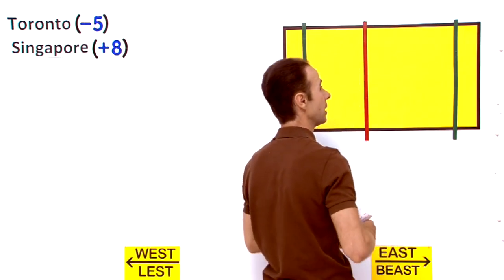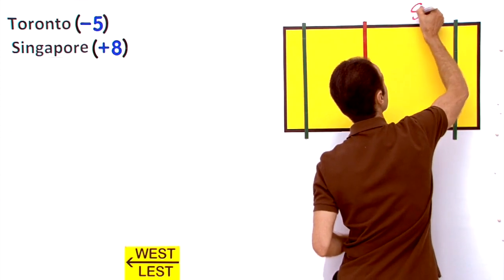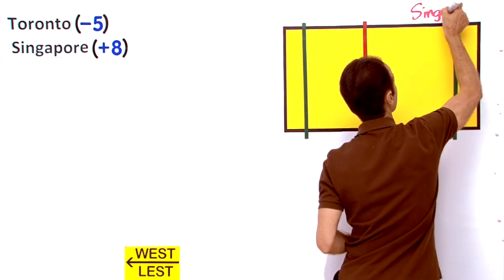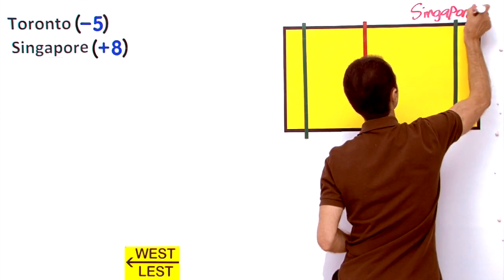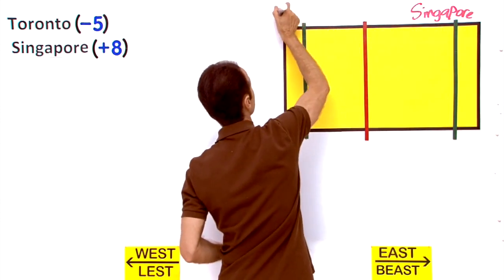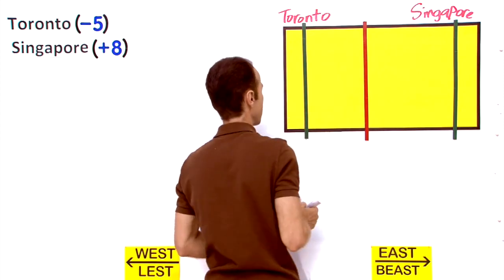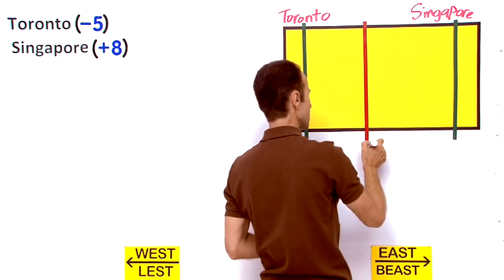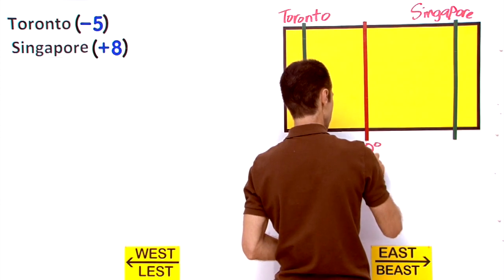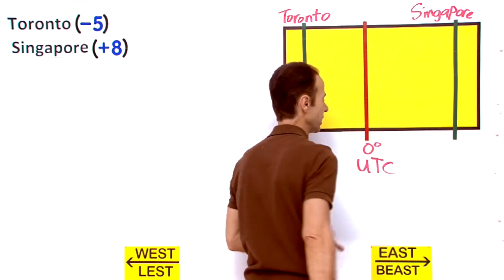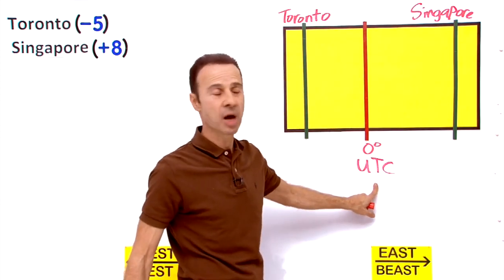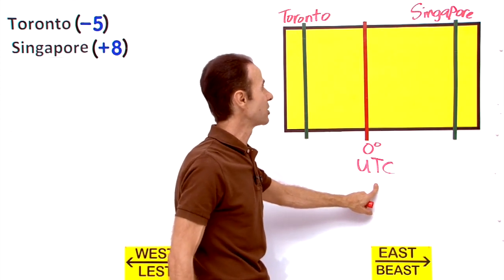So up here we have Singapore, and over here we have Toronto. Okay, the time here, well, we got 0 degrees. This is Coordinated Universal Time, or Greenwich Mean Time if you prefer, depending on your textbook.